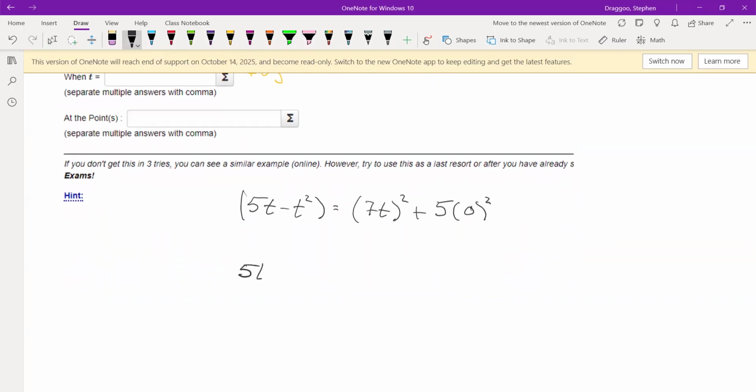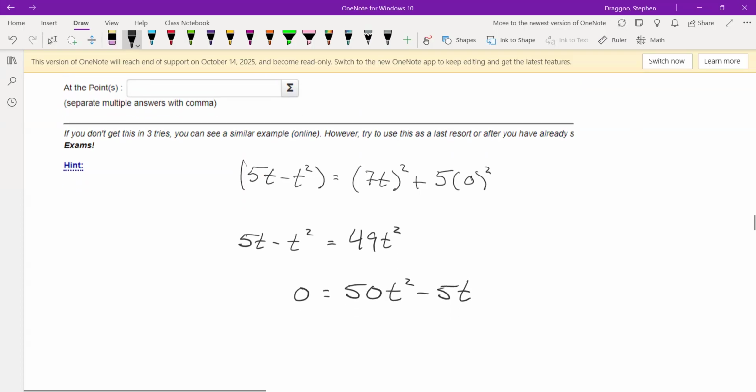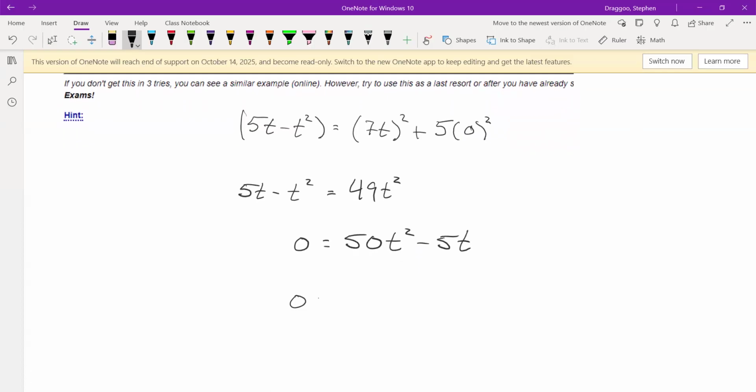So this thing looks like 5t minus t squared equal to 49t squared, which gives me the equation 0 equals 50t squared minus 5t. I just move those over to one side. So 0 is 5t times, that looks like 10t minus 1.